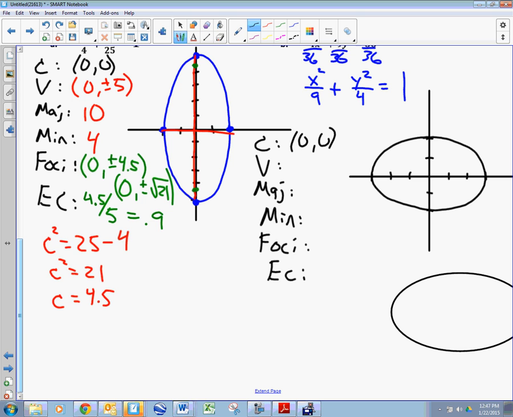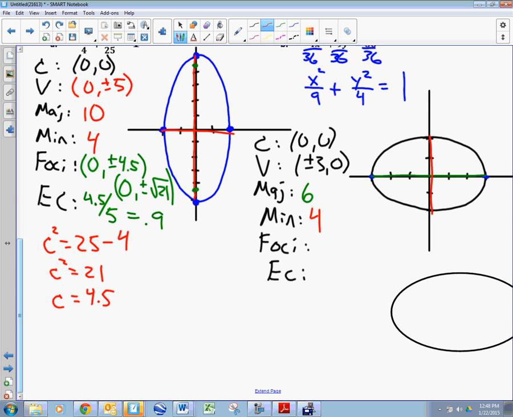Vertex, vertices. Very good. Plus or minus 3, 0. Those are those blue spots. The major axis is the green one, the distance all the way across, which is 6. The minor axis is the other distance, which is 4.